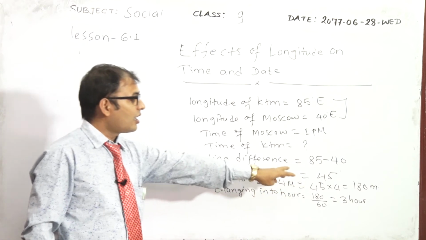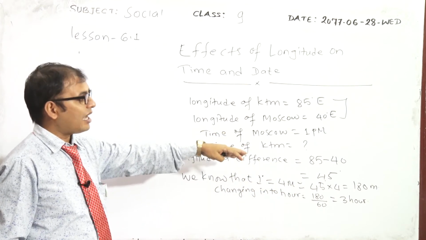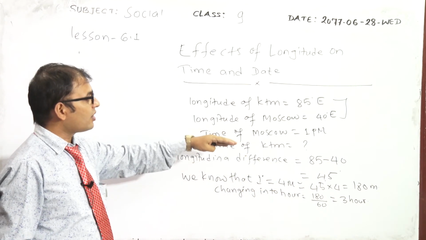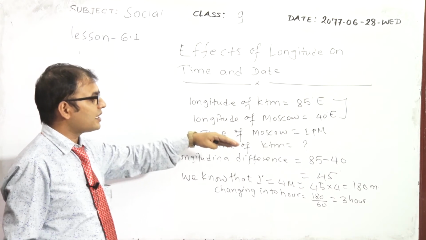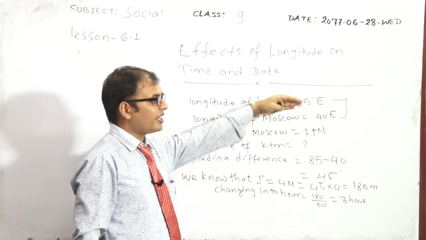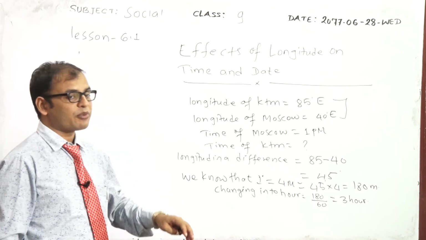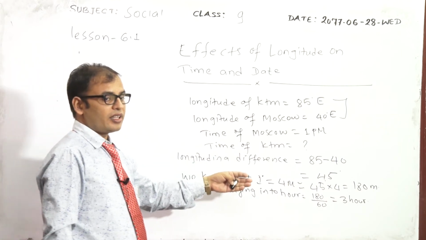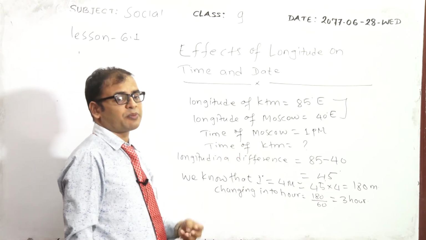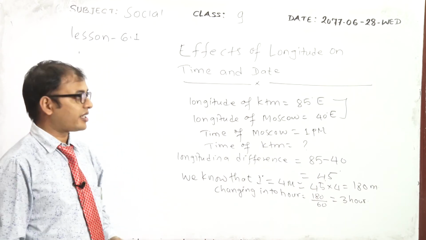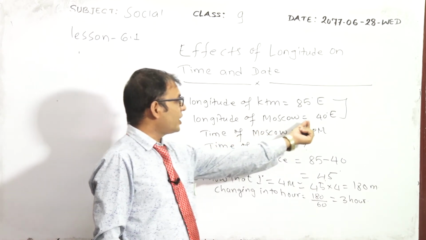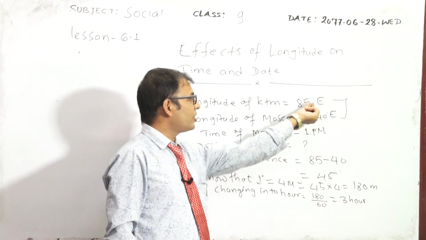Then in the previous rule I have already told you, if the place is in the eastern hemisphere, we have to add the time. If the places are in the western hemisphere, then we have to subtract the time. So, here you can see Moscow is at 40 degrees, Kathmandu is at 85 degrees.